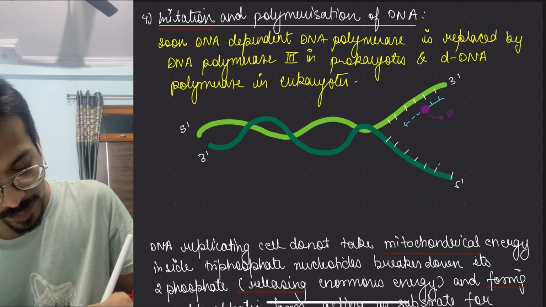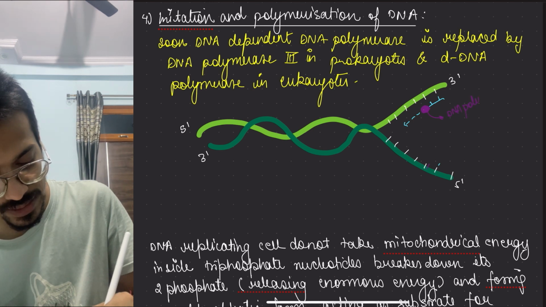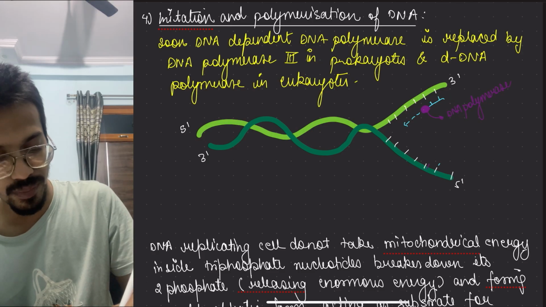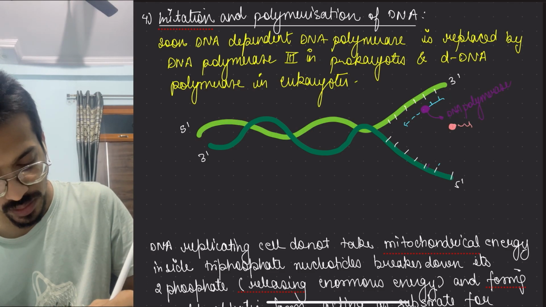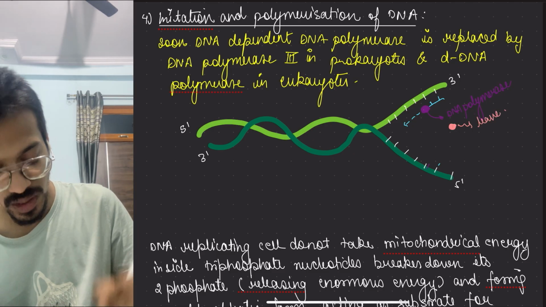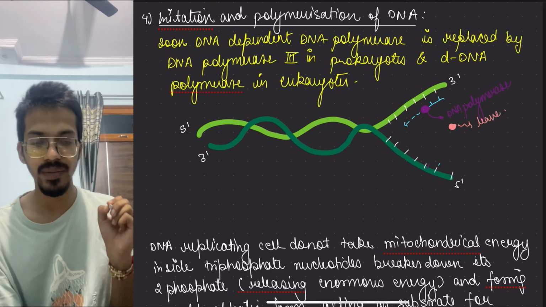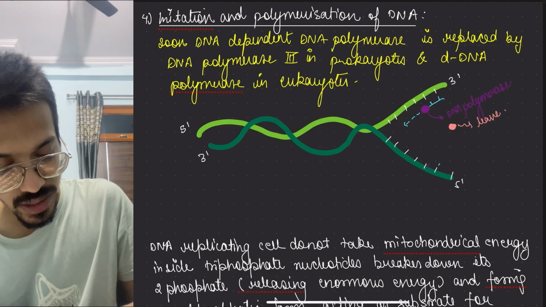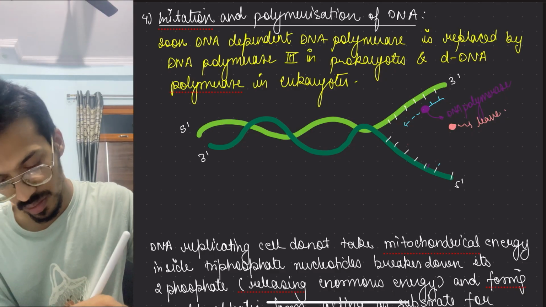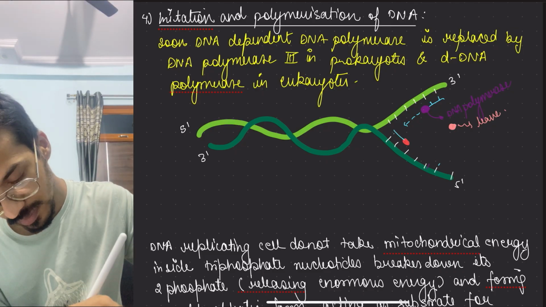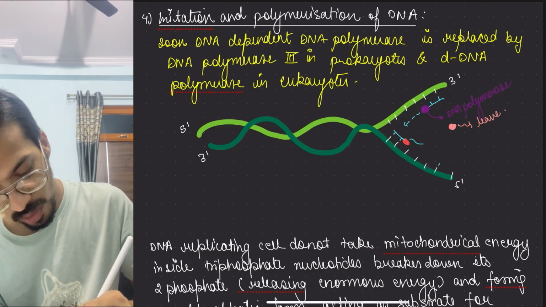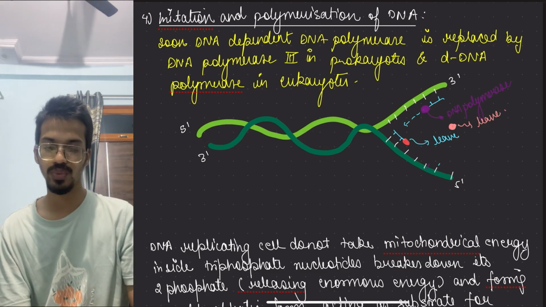So this is the DNA polymerase that will come and complete it. It will be different in prokaryotes and eukaryotes. Meanwhile, it will leave the primer and the DNA dependent DNA polymerase. Simultaneously on the other end also, it will move, form, initiate, but it will also leave. And DNA polymerase will come.